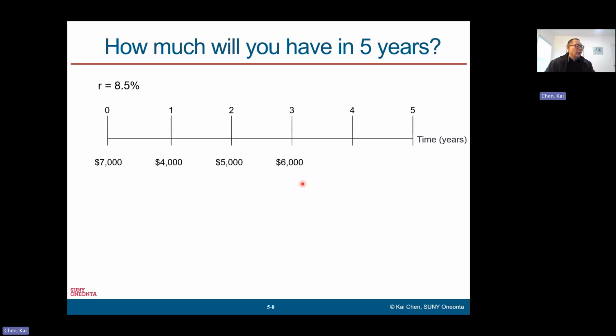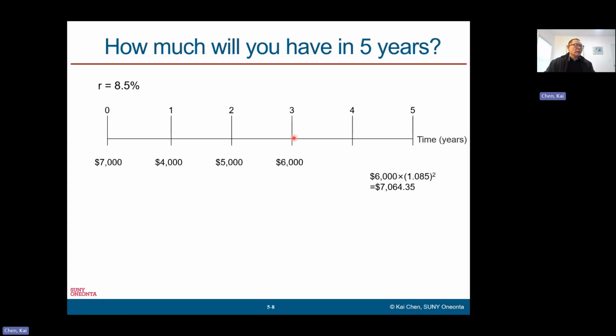This time I'm going to calculate the future value of 6,000 first. We can use the formula: present value times 1 plus 0.085, raised to the second power. Why is it the second power?